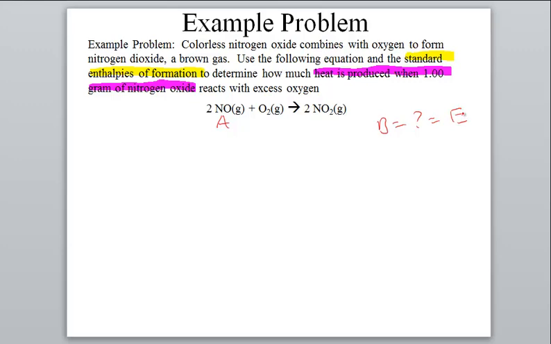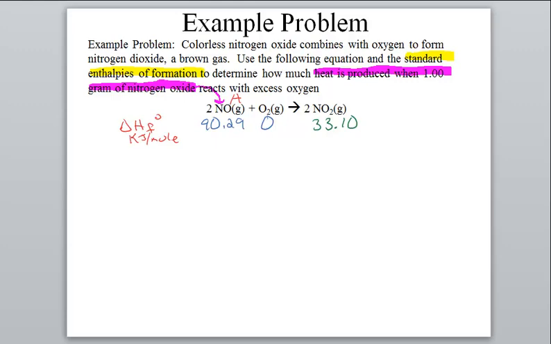Let's calculate the change of enthalpy first. From our information packet, we see that the nitrogen oxide is 90.29 kilojoules per mole. Oxygen, O2 gas is still at 0, just like we've seen in other practice problems. And nitrogen dioxide, it's at a lower enthalpy, 33.10.